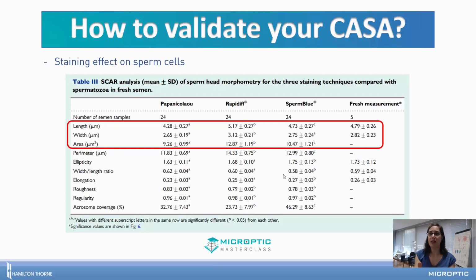Finding macrocephalias with Diff-Quick could be common if you are using that swelling coloration. So you should be cautious with the interpretation of results, and obviously you should never compare one solution against another, because the results will be different and are not comparable.